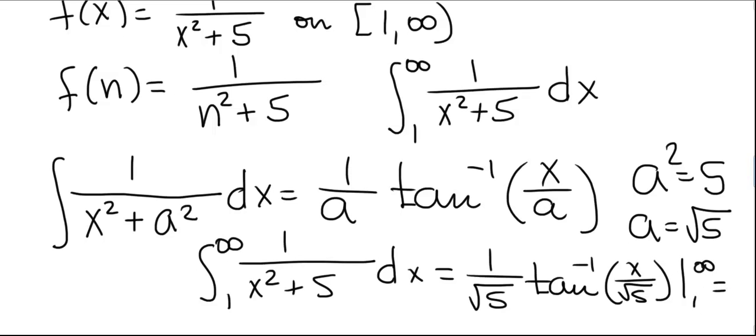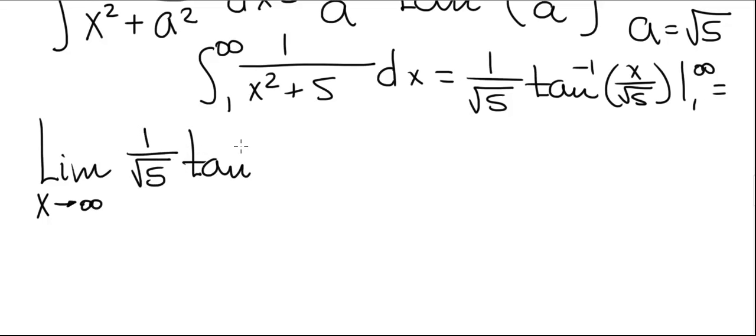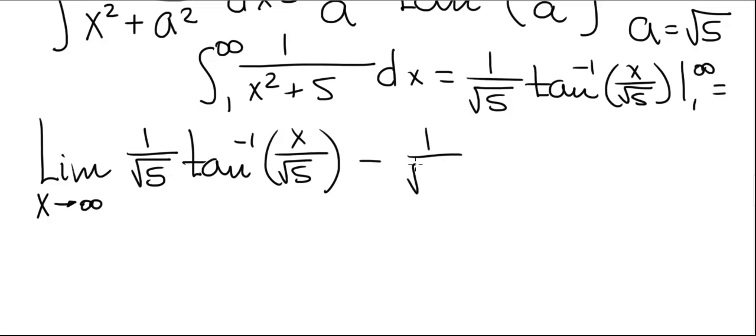And using limits, this is equal to the limit as x approaches infinity of 1 over the square root of 5 times inverse tangent of x over square root of 5, minus 1 over square root of 5 times inverse tangent of 1 over square root of 5.